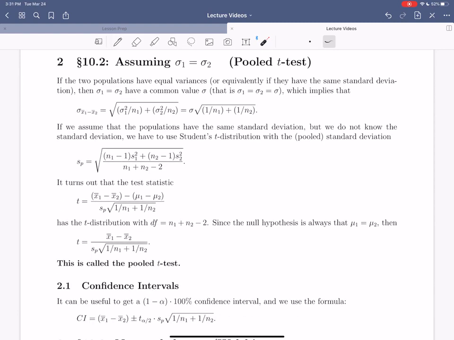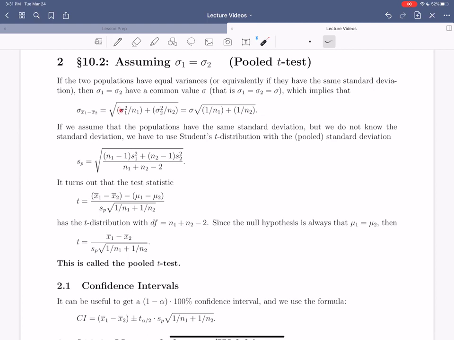Even if we don't know the actual values of the population standard deviations, if we have a reason to believe that they are equal, so if we think that sigma 1 is equal to sigma 2, then many things get simplified, namely the standard deviation.